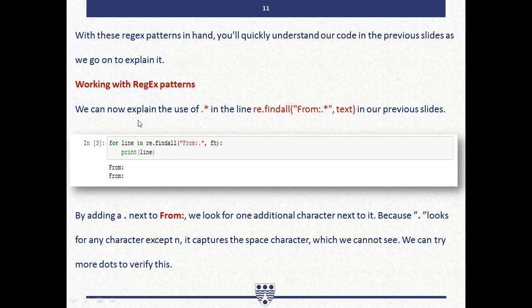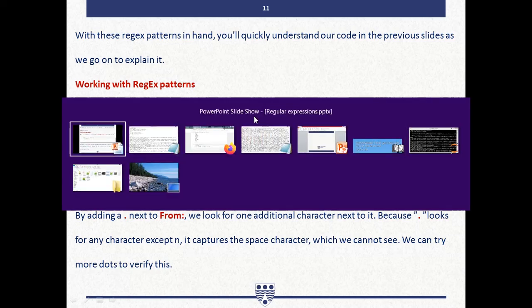So we can start explaining by looking at the dot and asterisk which we used in our previous example to list out the people that sent the email. Okay, now we are going to start simple by looking at the dot first. So we simply go back to our notebook.